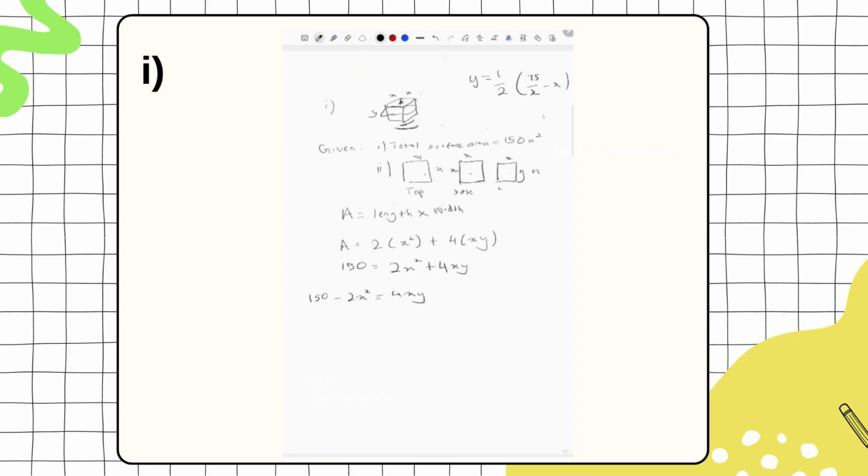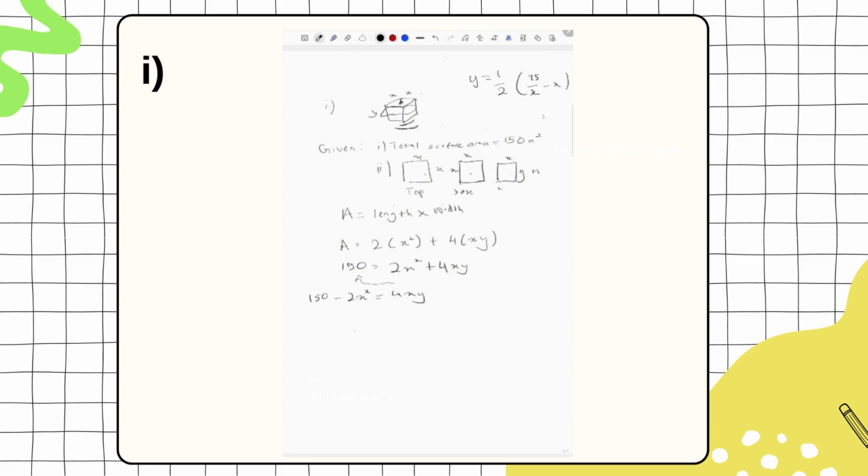So 2 times x square plus 4 times xy, and we can substitute the area, 150 equal to 2x square plus 4xy. And then since we want to find y, we bring 2x square to the left, and we get 150 minus 2x square is equal to 4xy.